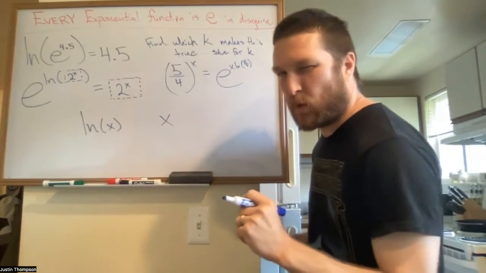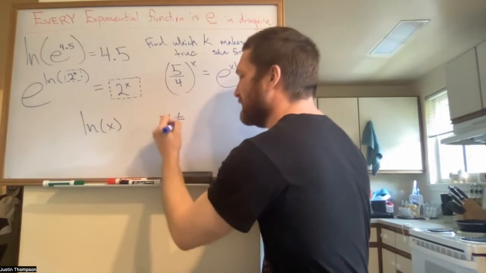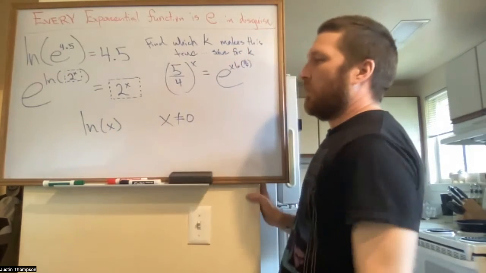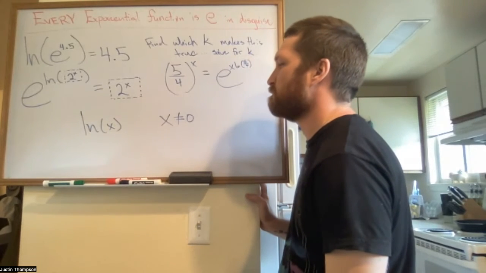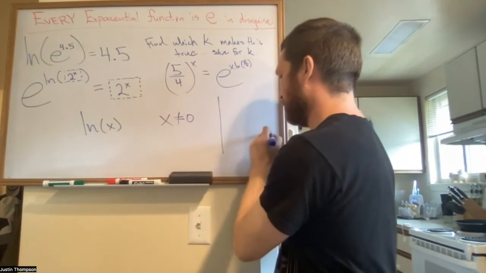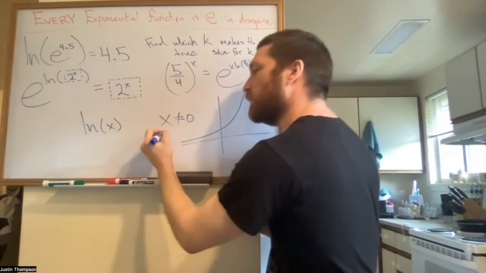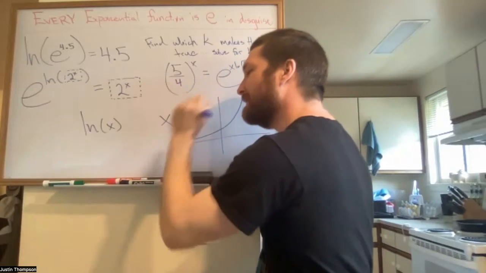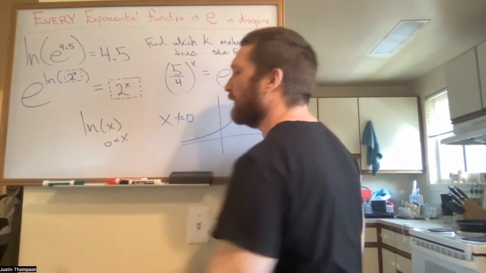We can't plug in 0. You cannot plug in 0. What else? Negative numbers. We cannot have them be 0 or a negative number. In other words, x has to be bigger than 0.